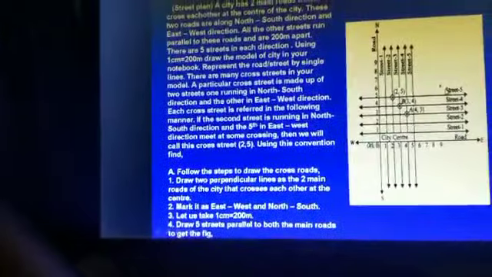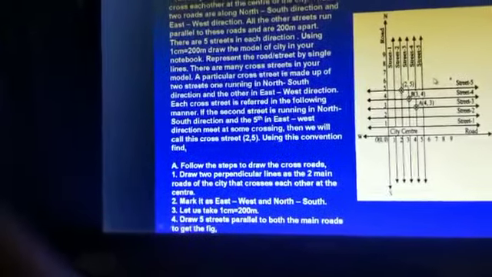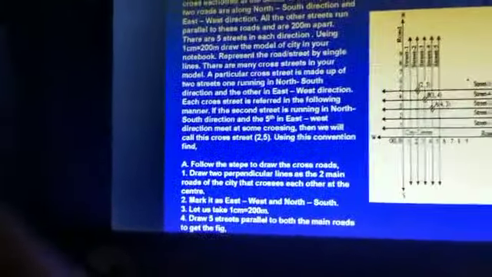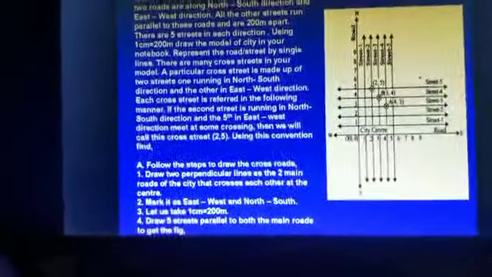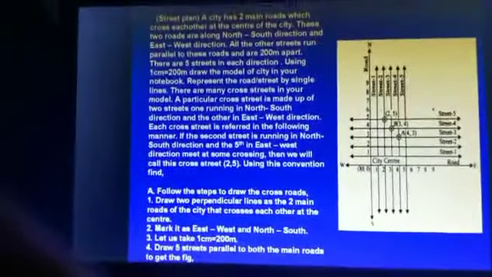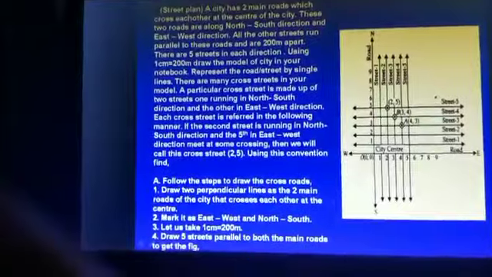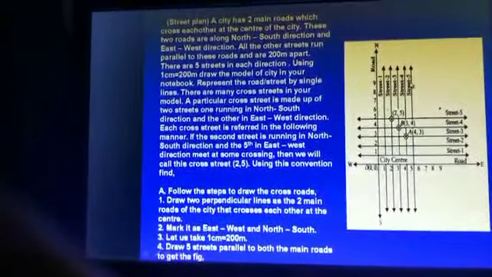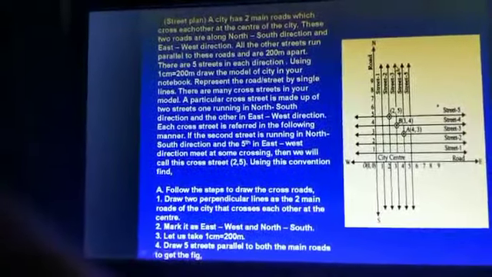Okay children, and in the next part of the question, they have asked about street 3 and street 4. Okay, let me show you here where street 3 and street 4 are crossing.